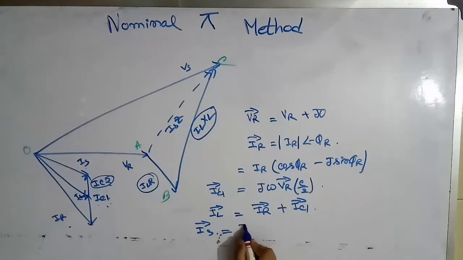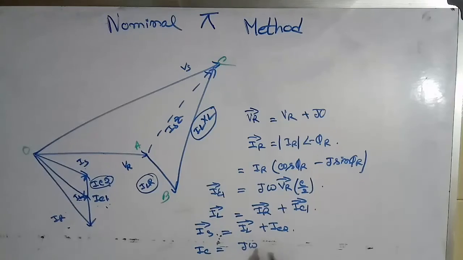IS is equal to IL plus IC2, and IC2 is equal to j omega. Now IC2 is flowing through the first segment of the capacitance, so the voltage across the first segment of the capacitance is Vs, with C by 2. In both cases, omega can be written as 2 pi f.